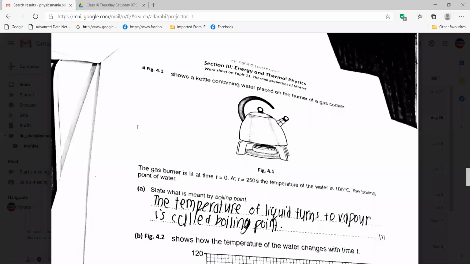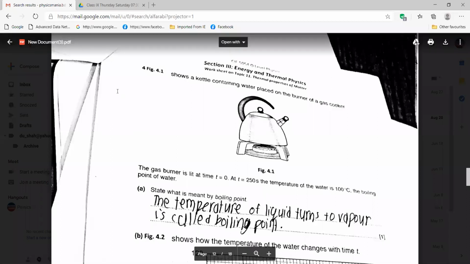Can you write it here, then tell me what you wrote? The way you got boiling point, the same way we will make melting point, but there you write only solid turns to liquid. Other things are same.